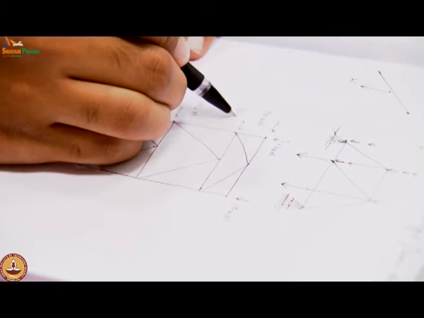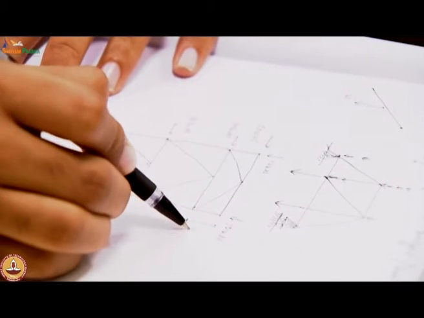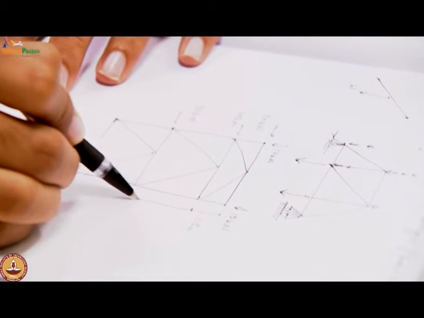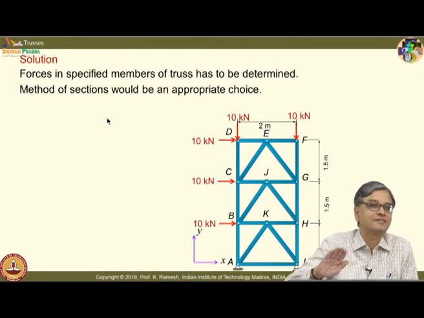See, normally in method of sections, I have said that I can have 3 equations when I separate it. So, cut a section that will have only 3 unknowns. I can give a hint, I relax that condition. You can have more number of unknowns also.